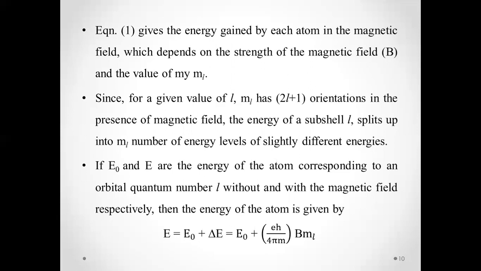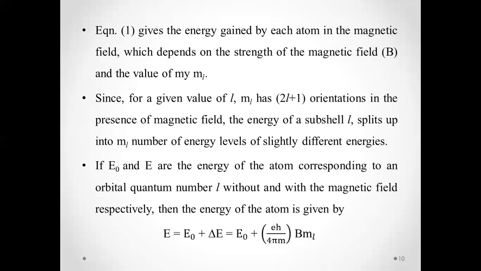Since for a given value of L, ML has 2L plus 1 orientations in the presence of a magnetic field, the energy of a subshell L splits up into ML number of energy levels of slightly different energies.